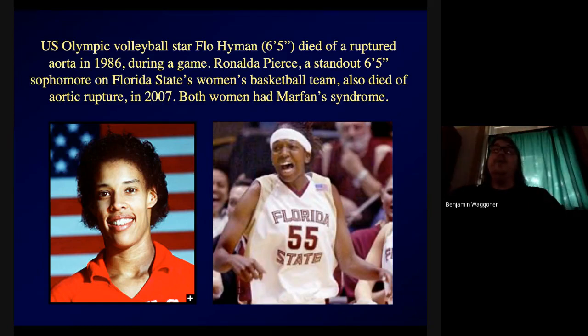There was another woman in 2007 who went to sleep after a hard game and never woke up again. Ronalda Pierce. She also had Marfan's syndrome. So if you have it, you can lead a perfectly good life, but if it's not diagnosed, it can give rise to these weak spots in your aorta, and those can kill you suddenly without any warning.